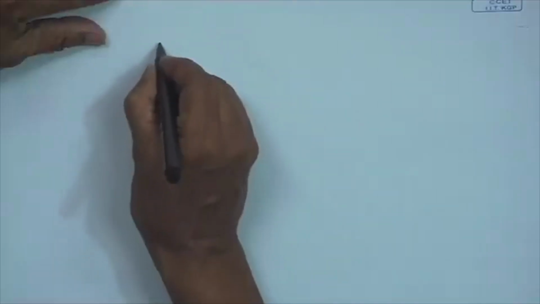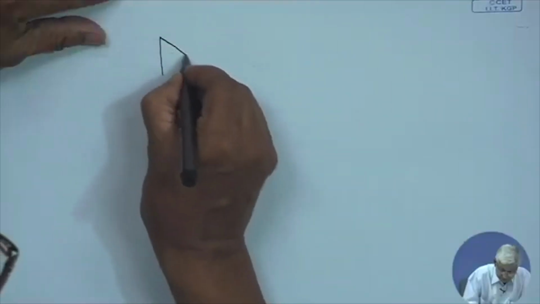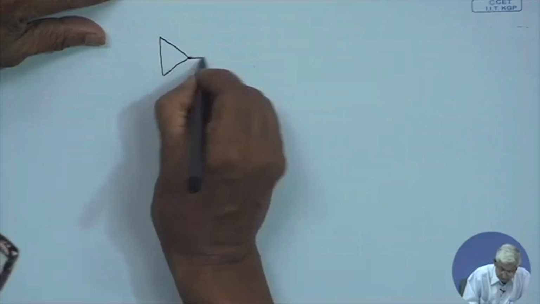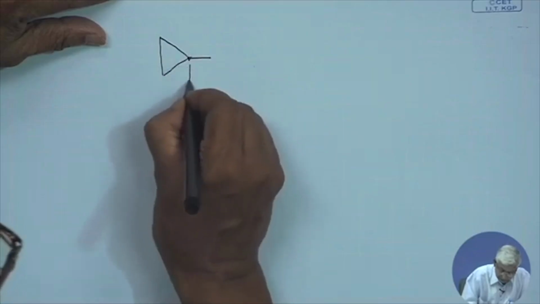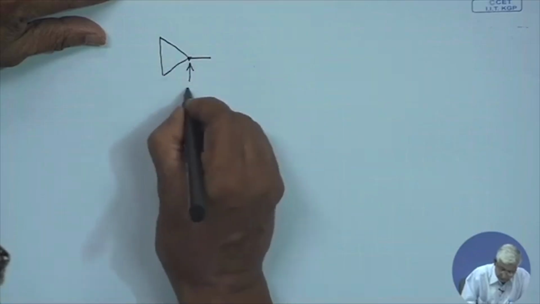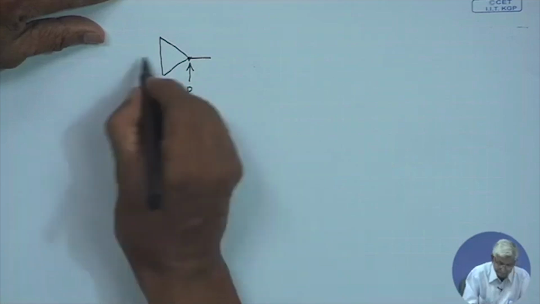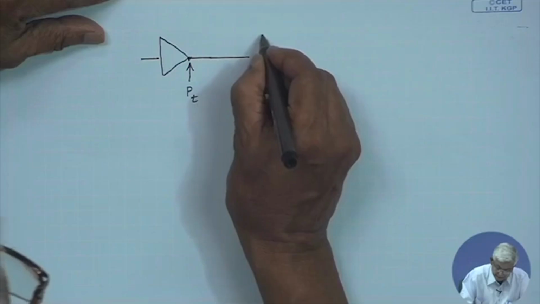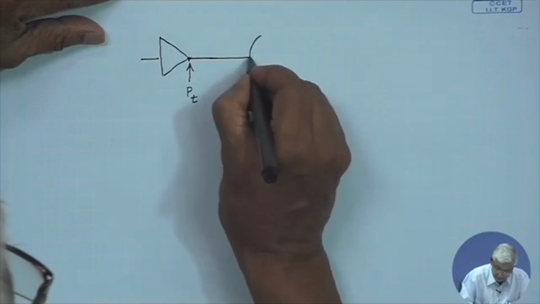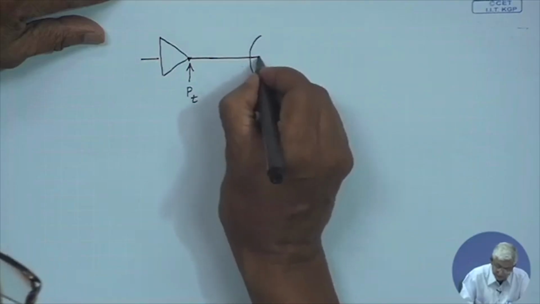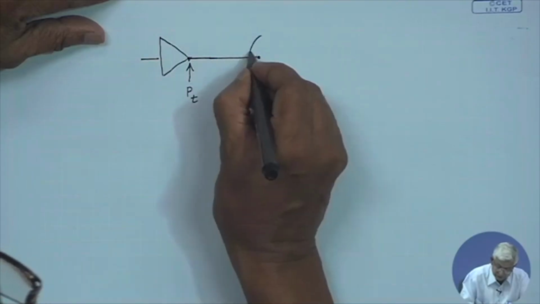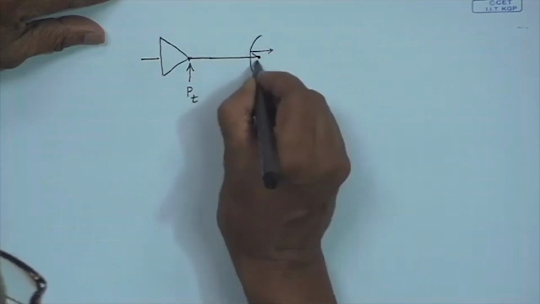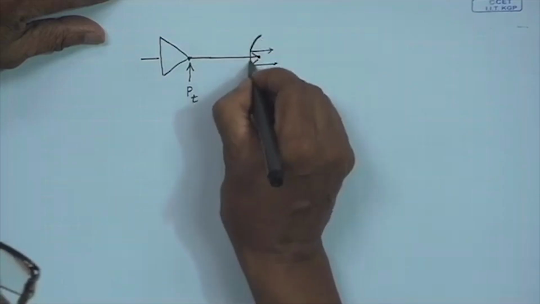Another thing is that we have assumed that the transmitter amplifier output at this point is Pt, and then there is an antenna, and at the focus of the antenna the power is going and it is radiating. This is the reflector.